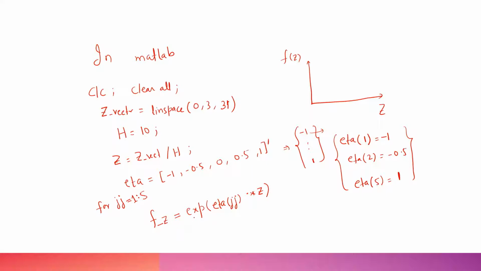Now for jj equals 1, it will read eta of 1, and eta of 1 would be -1, so it will multiply -1 with the z vector. So it would give all the values of fg corresponding to the eta value -1. So it will plot one function here.